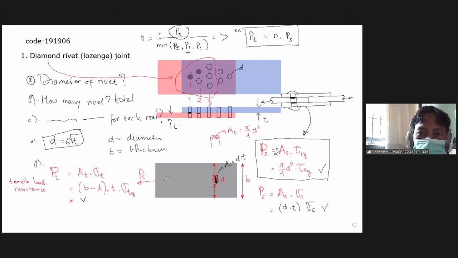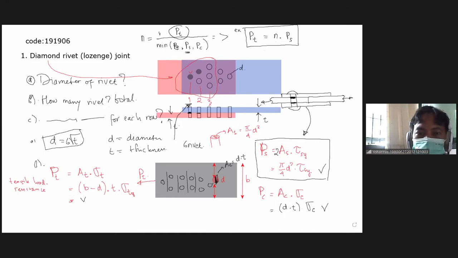So we can put 6 in this arrangement, or we have this kind of arrangement, something like this. So how to determine the number of rivet for each row?